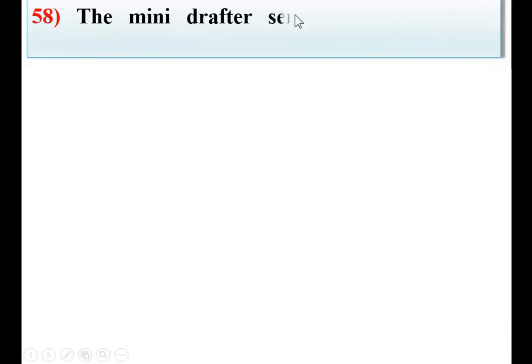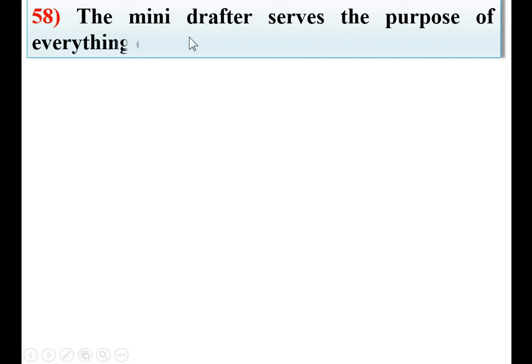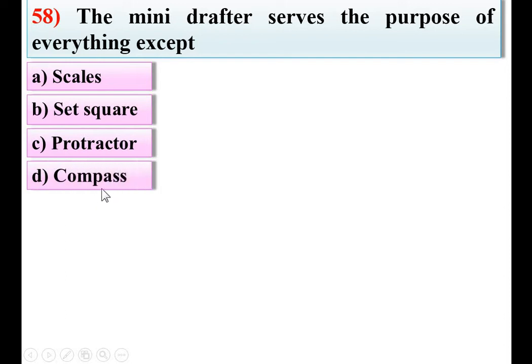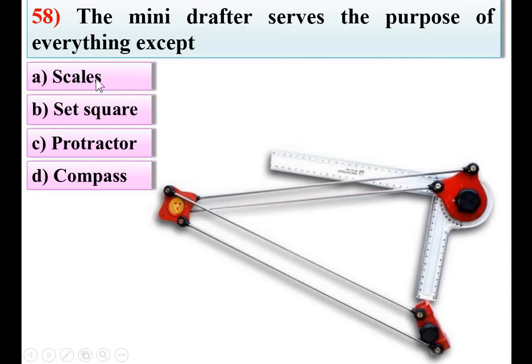Next, the mini drafter serves the purpose of everything except options: scales, set squares, protectors, compass. So consider the image of the mini drafter. Now you know that scale is generally used to measure the length, and that you can do with the help of these arms.